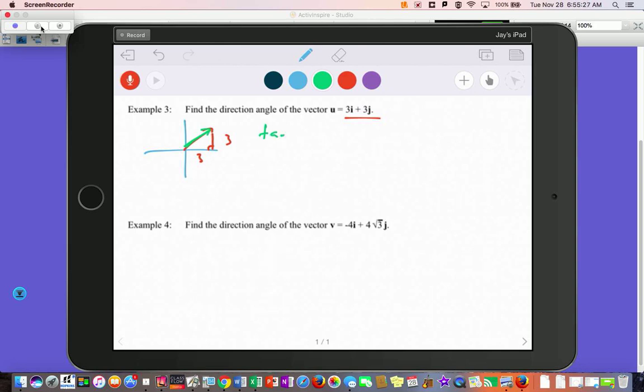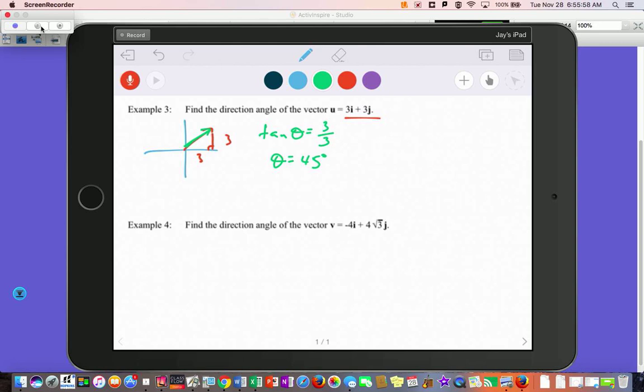So I can set it up as the tangent of theta equals opposite 3 over adjacent 3. And when is tangent 1 in the first quadrant? Well, that's at 45 degrees. You can go to the calculator and type it in if you want to get the angle, but it's 45 degrees. But that was understanding that linear combination, just 3 to the right and 3 up.